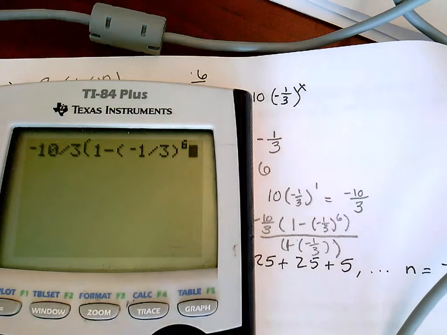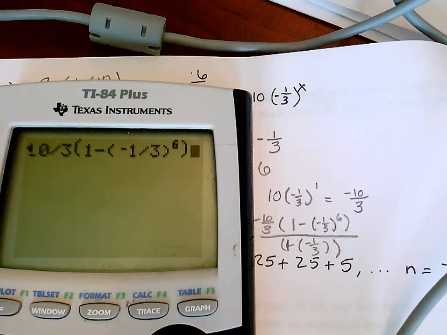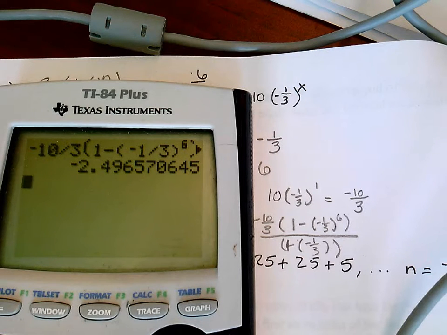Now you always have to press right, otherwise it's going to start putting everything else you put down on the calculator as an exponent. We don't want that. And then all of that is going to be divided by parentheses 1 minus, parentheses negative 1 divided by 3, close the parentheses and close the second parentheses, and press enter.